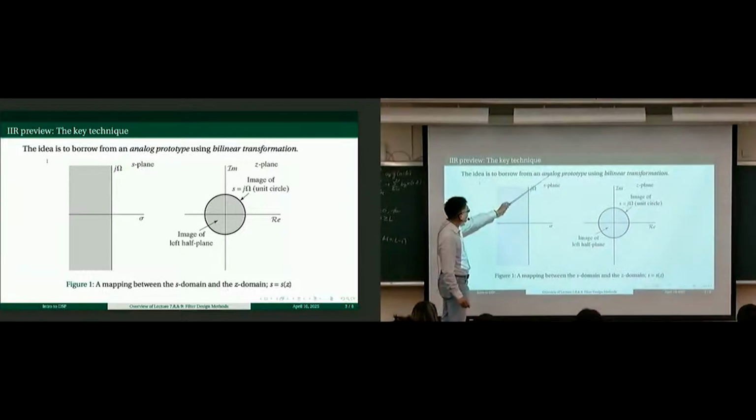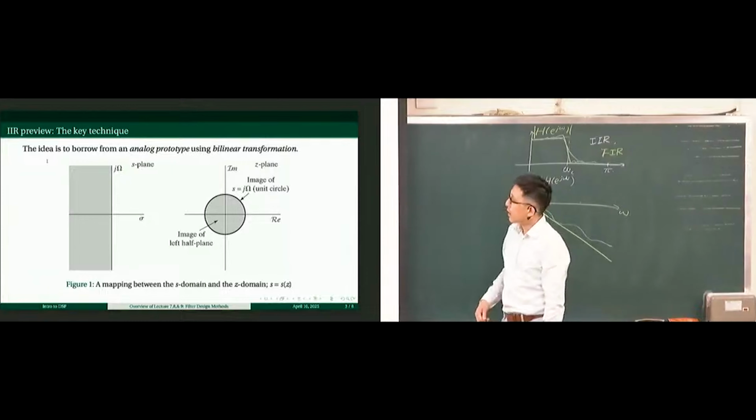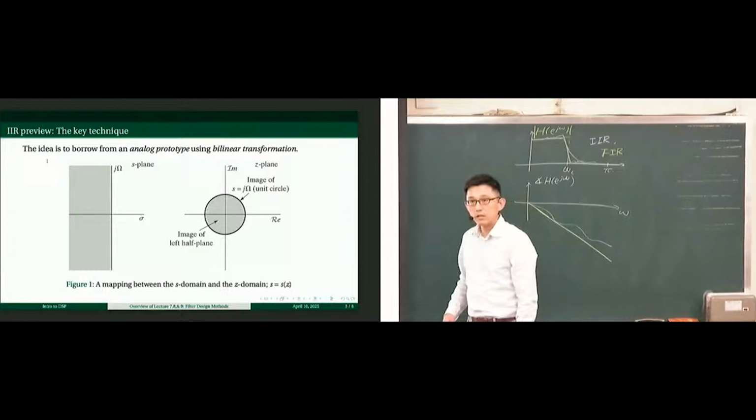So there will be some analog, let's say analog low-pass filters, which have nice properties. So we start with an analog linear system, and you can talk about its transfer function in the Laplace domain.